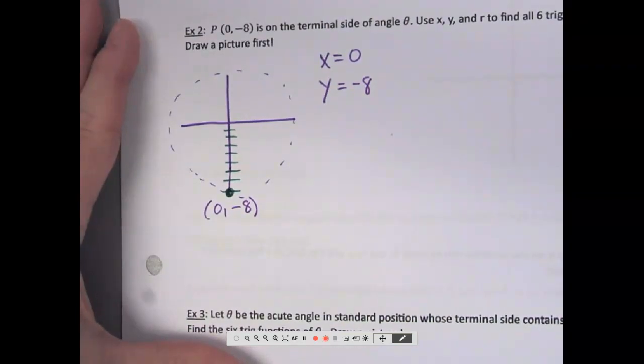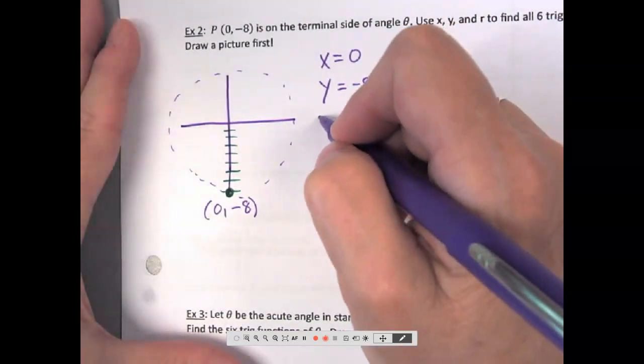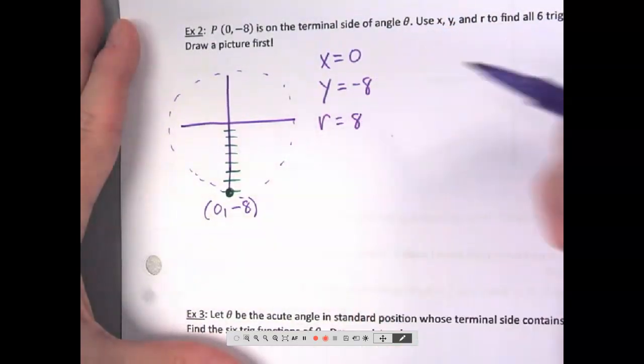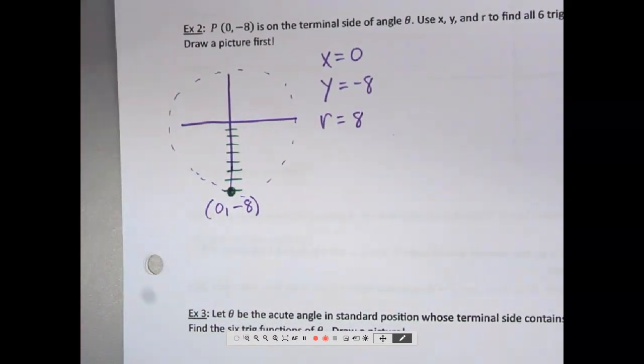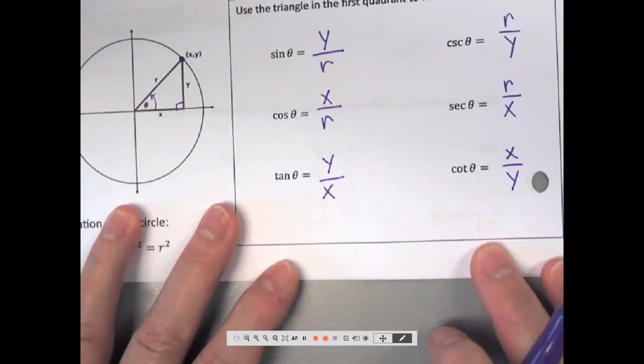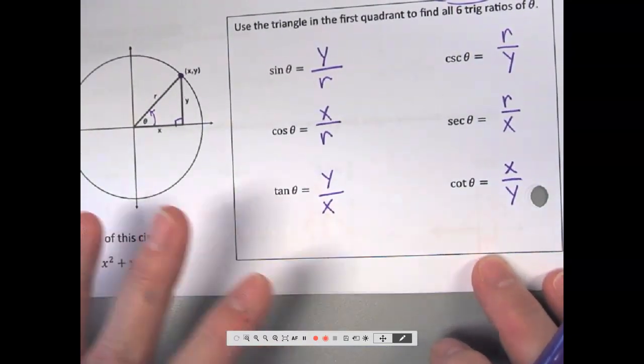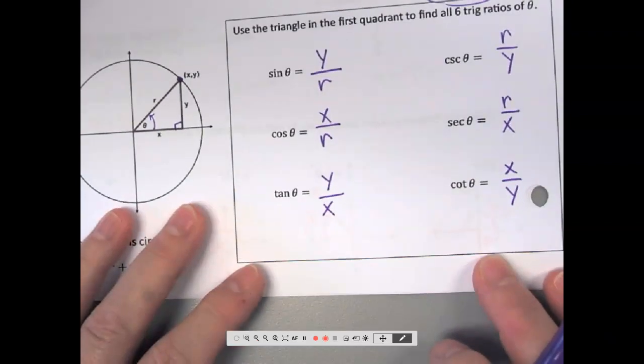But what is r in that circle? 8. A radius of a circle is always positive. Okay, so I have x, y, and r, and we're going to flip back over and use these as our formula to figure out what sine, cosine, tangent, all these great things are. Okay, so here we go.